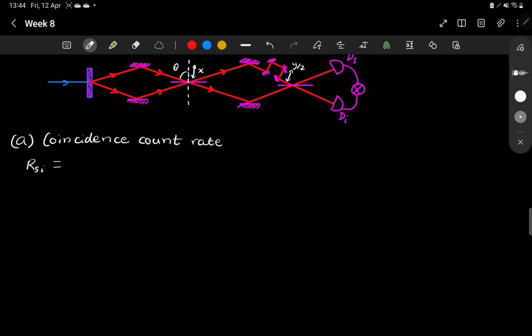So coincidence count rate is given as RSI, R1 plus R2, which is from the individual alternatives, and then this is the cross term.